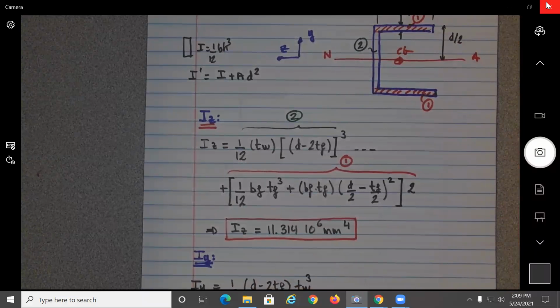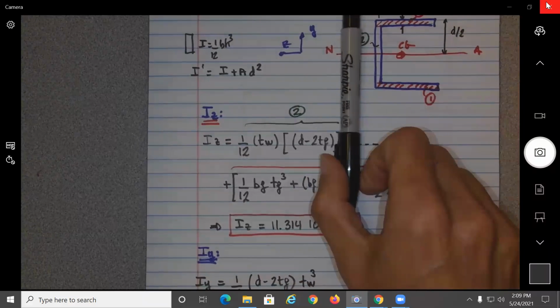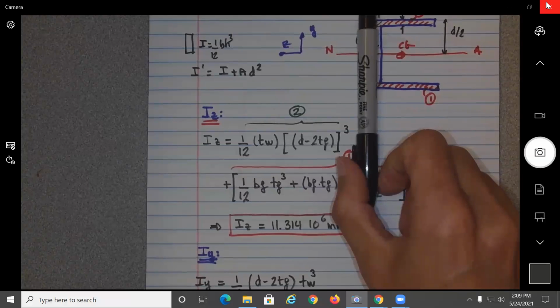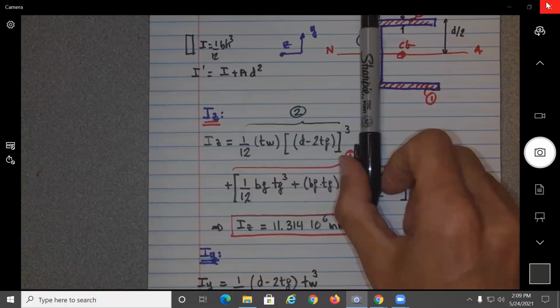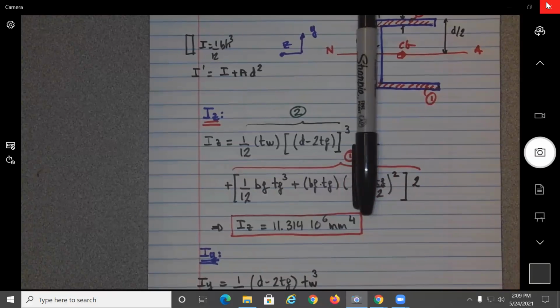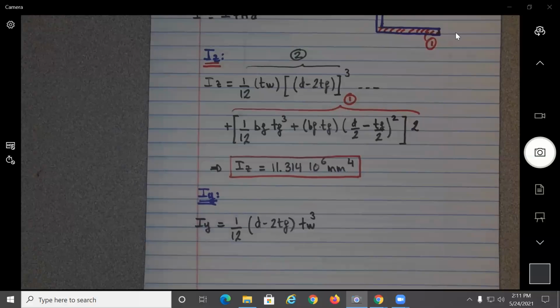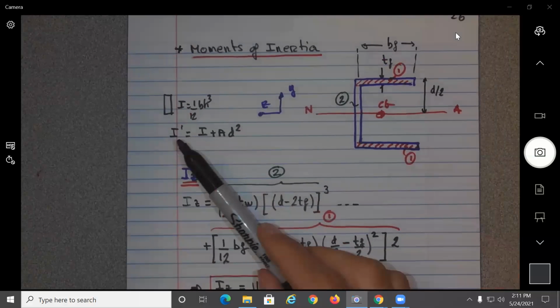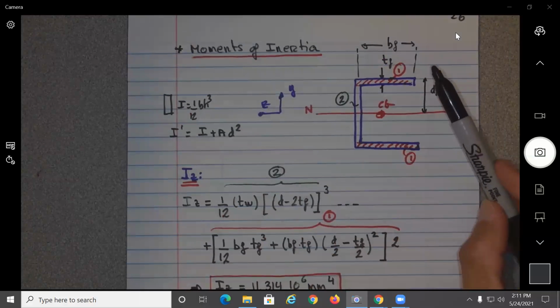Okay, so this is about this axis over here, no? Yeah. So do we need to move it? Like I was saying before, when we use the parallel axis theorem, d was the y direction.